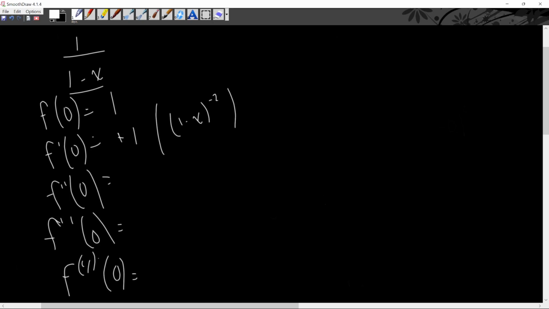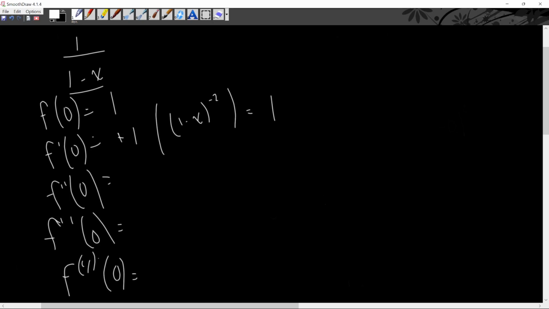But if you do this exponent, which is a negative exponent, you have 1 minus x to a negative power. If you do that derivative, you're going to have to multiply it by a negative number, so the negatives cancel out, leaving you with just 1, right? So now we're just going to be left with 1 at the end of this when you plug in 0.